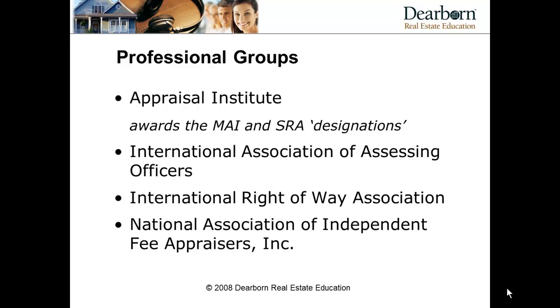So prior to FIREA, there were professional appraisal groups, several of which are noted here, and that was the more common way of determining if an appraiser was qualified. Were they members of one of these groups that had their own standards of practice and professionalism and education?